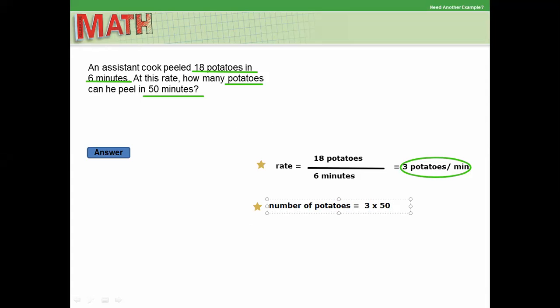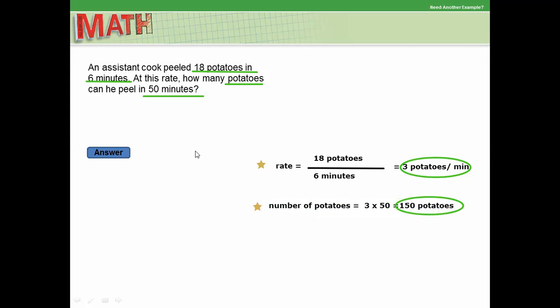So 3 times 50 equals 150. 150 what? Is it a rate? No, it's not a rate. They are 150 potatoes. So the number of potatoes in 50 minutes is 150.